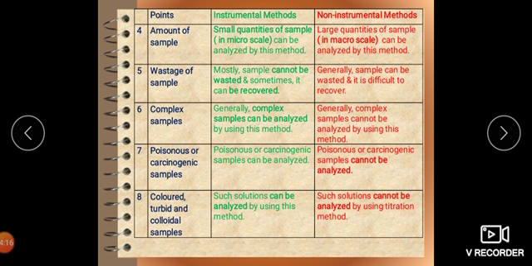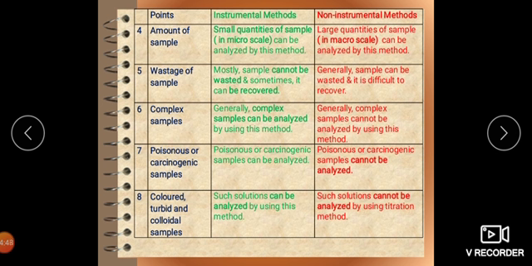Sometimes we can recover the sample and use the same sample for further process, but in case of non-instrumental methods generally the sample is wasted and it is difficult to recover. We can't recover the sample which gets used in the non-instrumental methods.